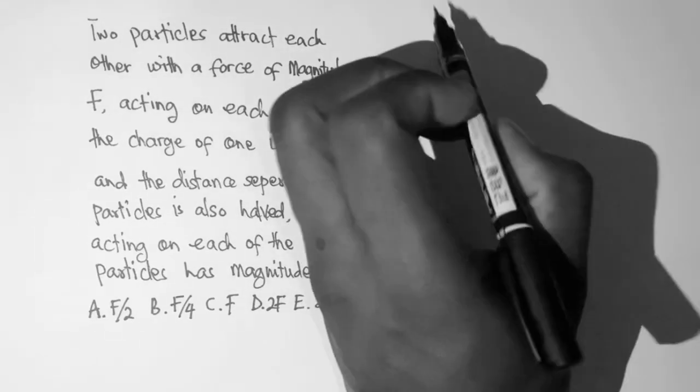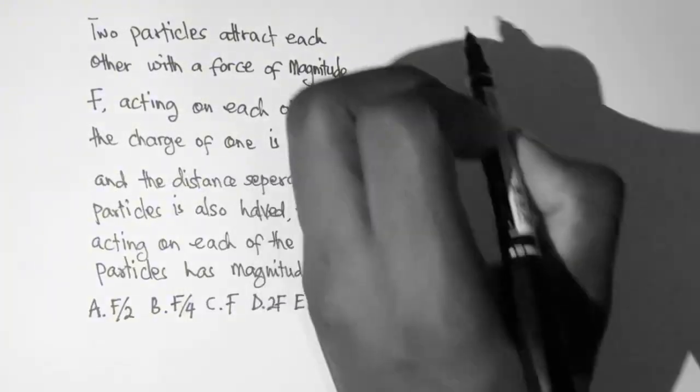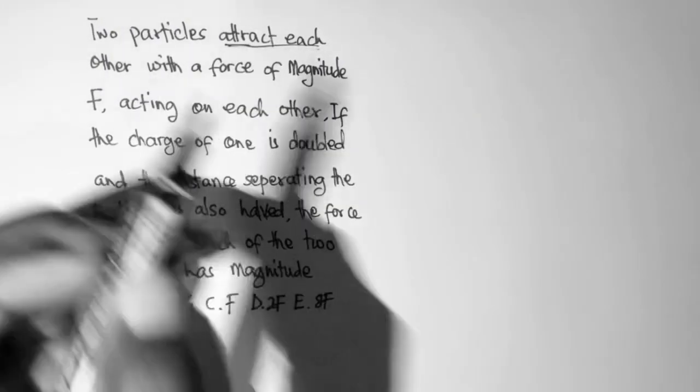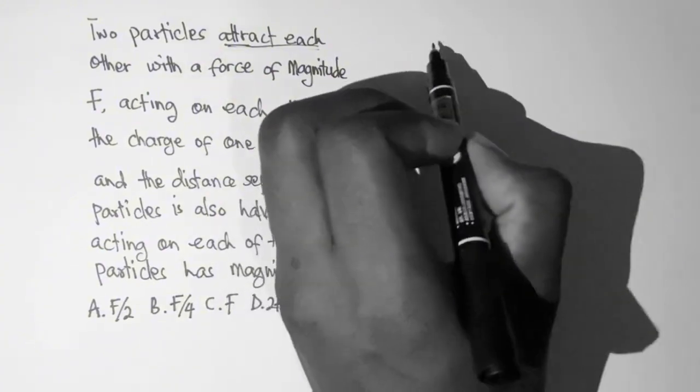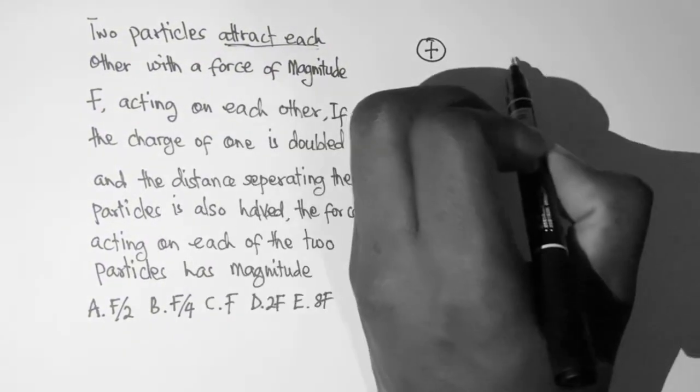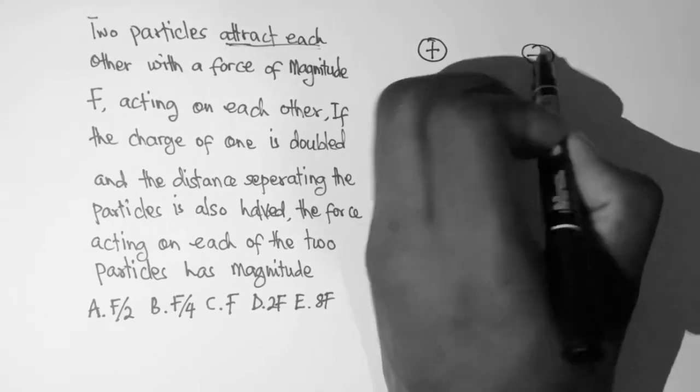Now, from Coulomb's law, we have two particles and they attract. Since they attract each other, we know that they are of opposite charges. So we have a system of a positive charge and a negative charge.